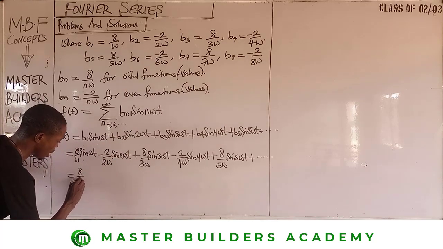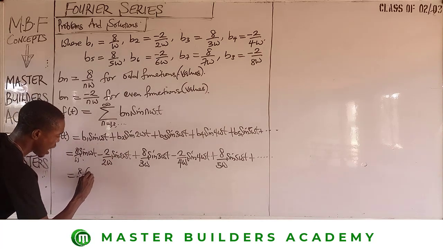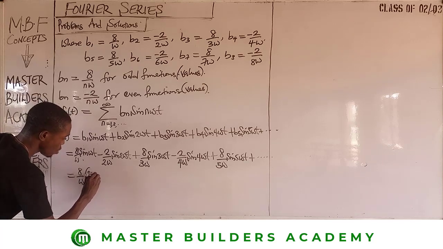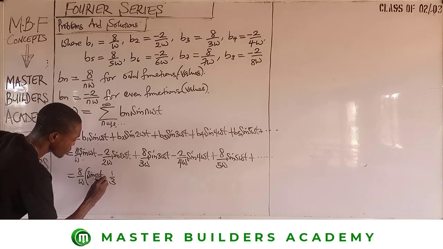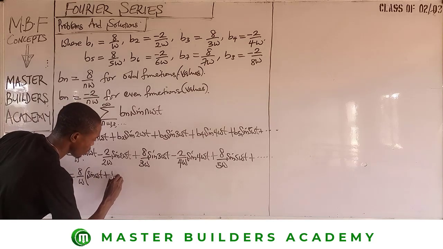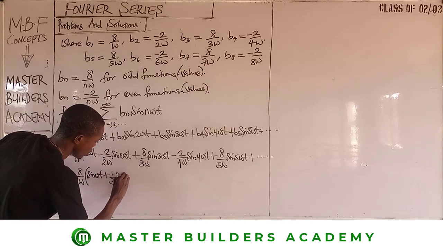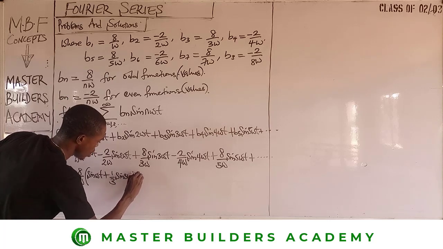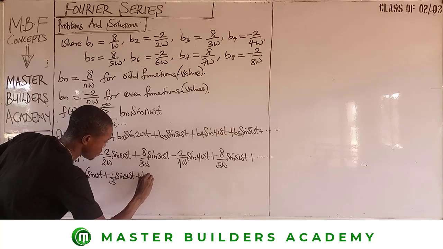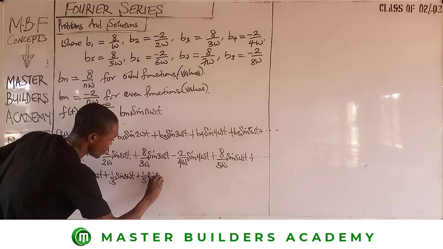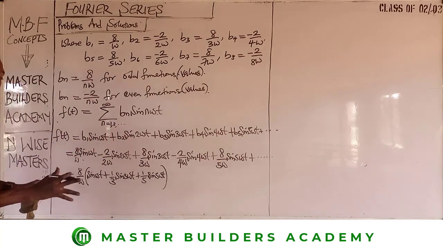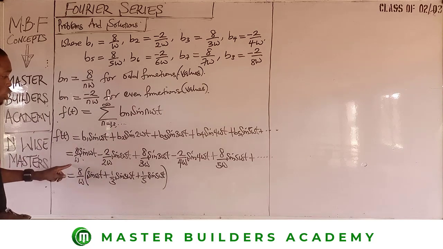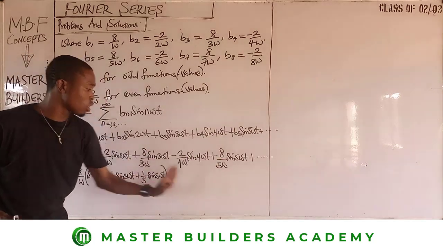So I have 8 over omega times sine omega t plus 1 over 3 sine 3 omega t, then plus 1 over 5 sine 5 omega t. This is for the odd terms.